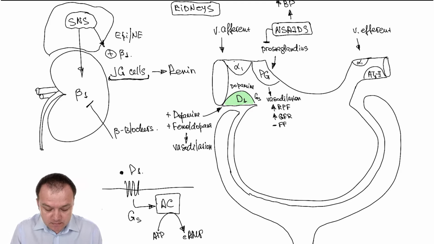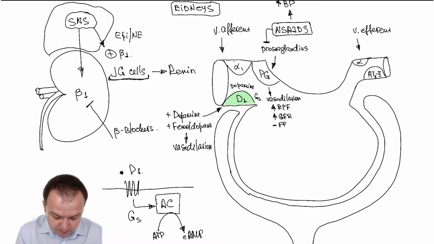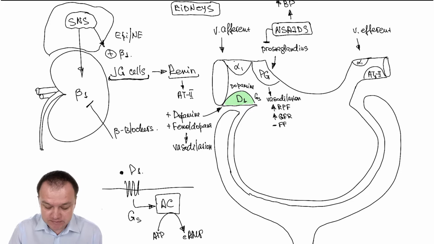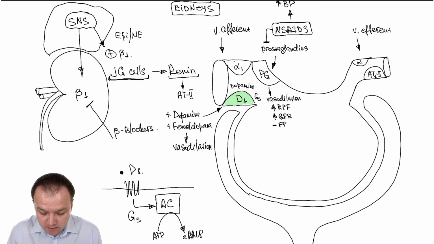As we have production of renin by juxtaglomerular cells, we have activation of the renin-angiotensin-aldosterone system. The final result is synthesis of angiotensin 2, and this angiotensin 2 acts on the angiotensin type 1 receptor.